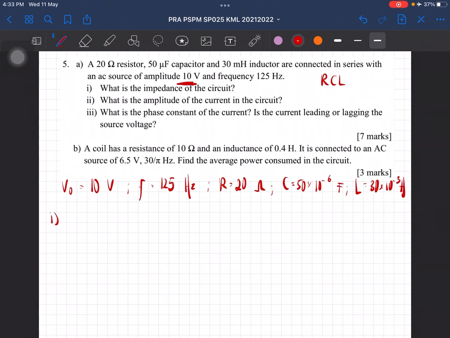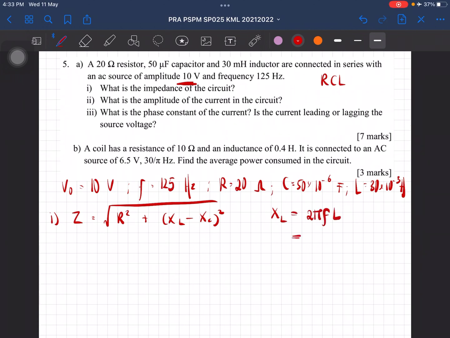So remember, for an RCL circuit, the impedance is calculated using this equation, the square root of R squared plus (XL minus XC) squared. From here, just substitute all the values, but first you need to calculate the value of XL and XC.